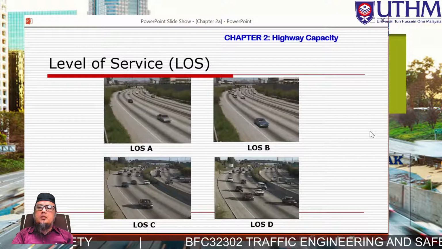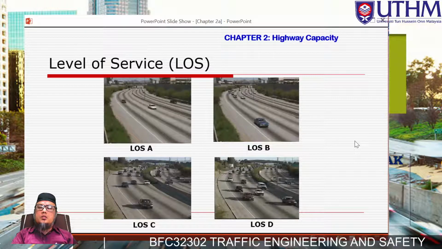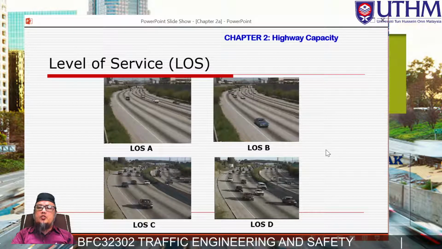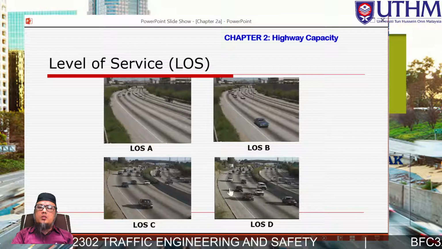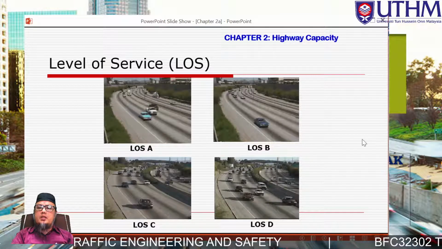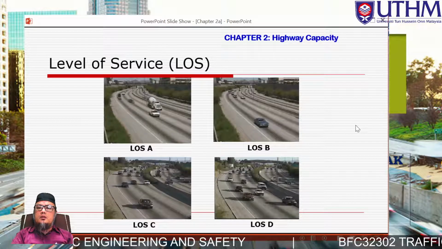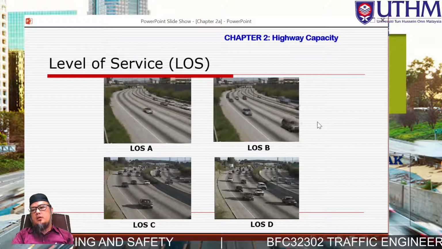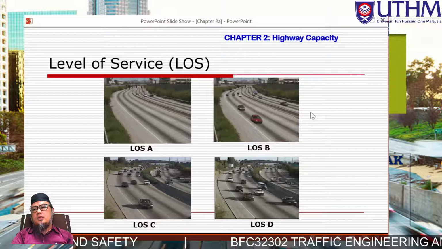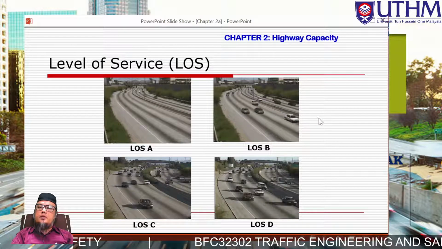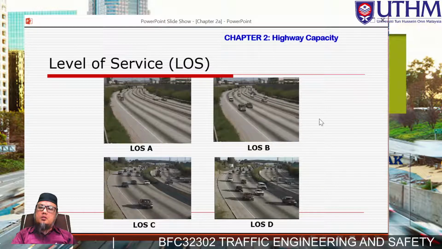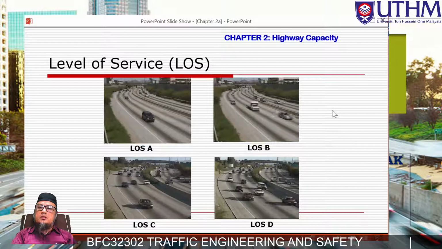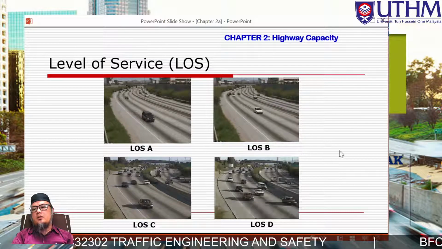Look at the characteristic of this condition: the traffic flow is very low but the speed is high. It means quality up to level of service A. Then compare to level of service B. It seems a little bit of increase in traffic flow, and the speed is less high than level of service A, but still operating at high speed.